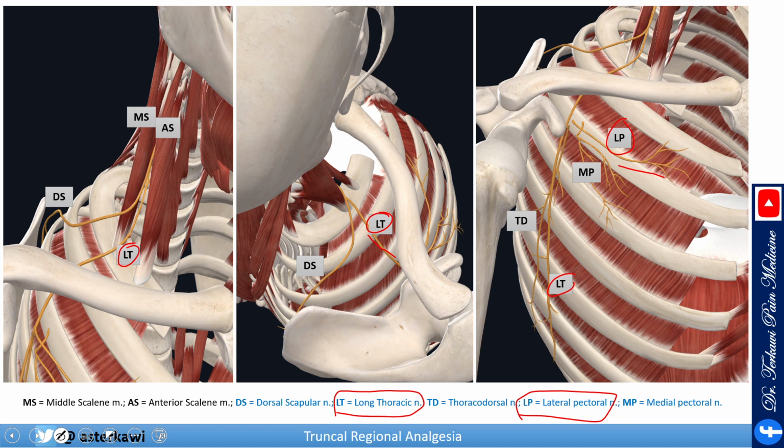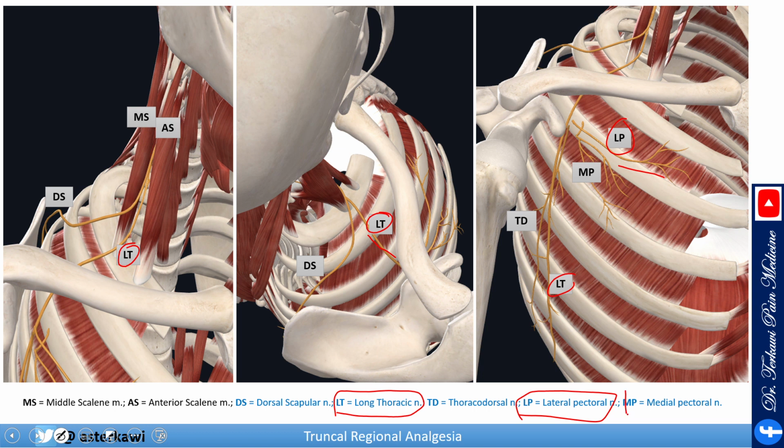It innervates the pectoralis major mostly and slightly the pectoralis minor. It penetrates the clavipectoral fascia to supply the pectoralis major directly, and the pectoralis minor through communication with the medial pectoral nerve. There are no cutaneous branches. It can be located on the deep surface of the pectoralis major.